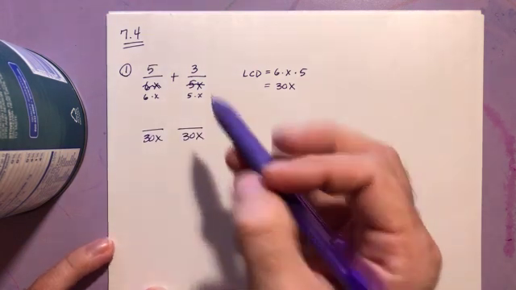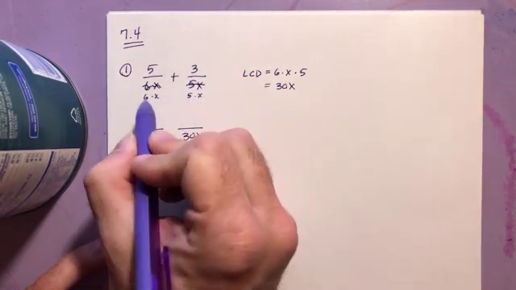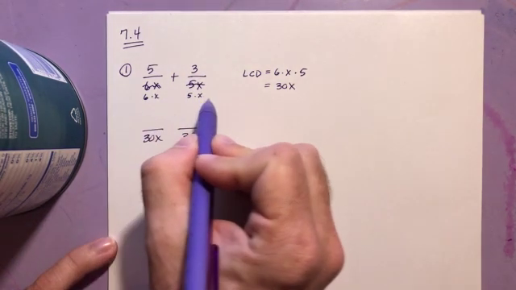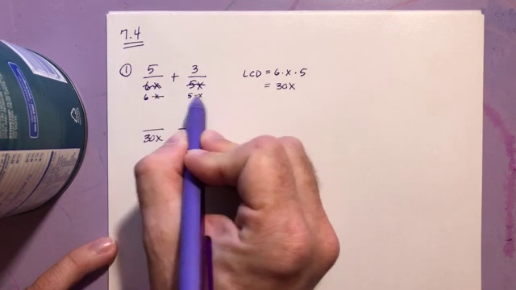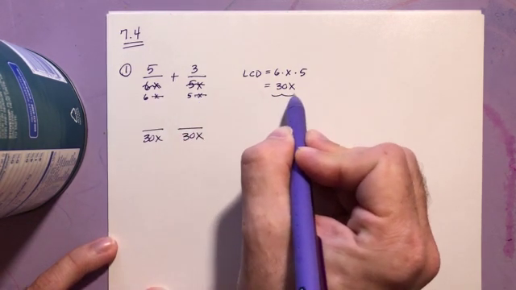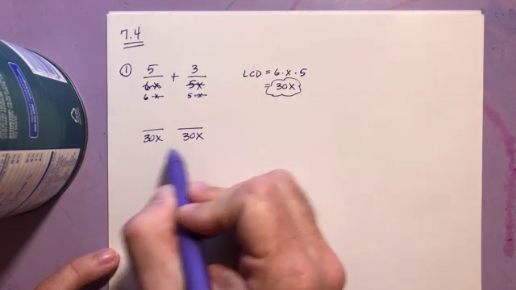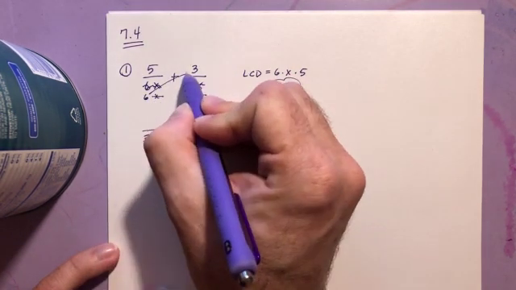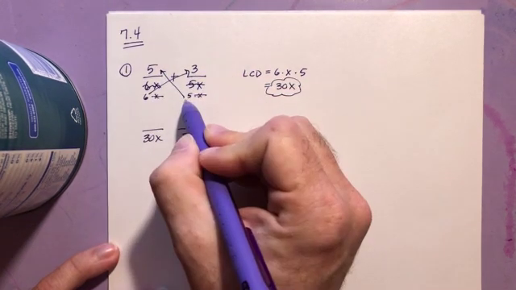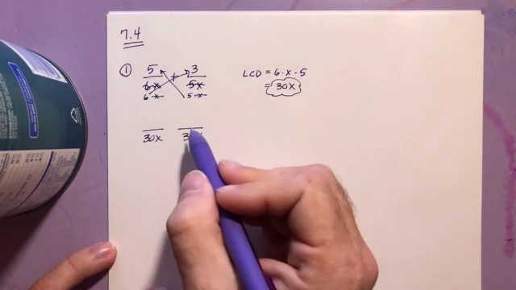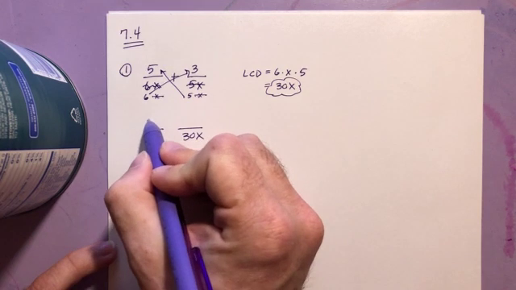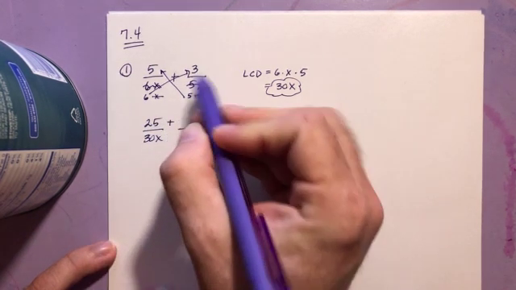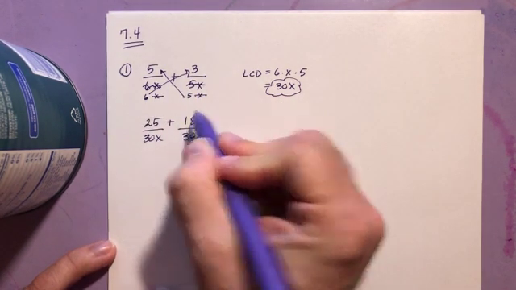But here's a trick. Anytime you look at those two denominators, if they have anything in common, cross through them. This is after you've written the LCD. Write this down and then do this step where you cross through the x, and then you cross multiply anything that's not already crossed out. So what you get is 5 times 5, and then 6 times 3.